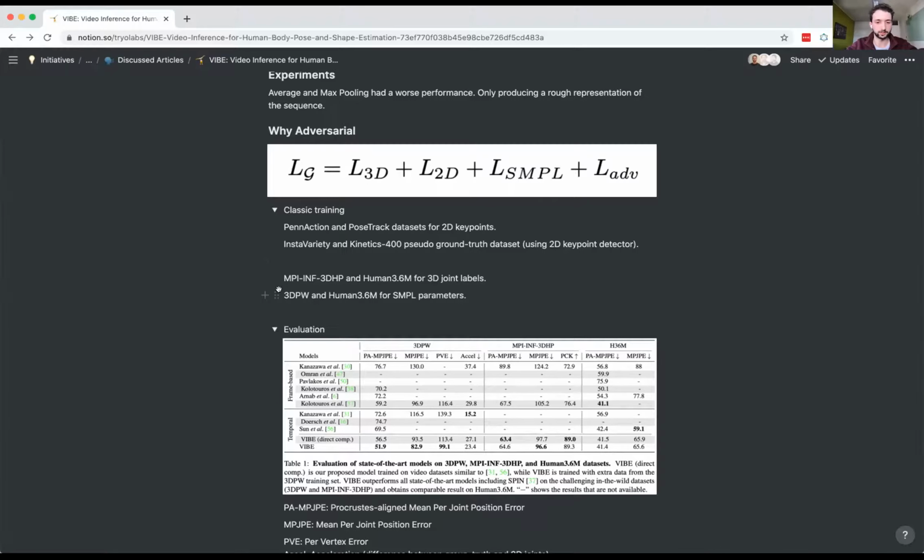I'm not sure of the sizes of these two, but it means that they have the parameters for all frames. They're usually single-body datasets also, so one video has one person only.